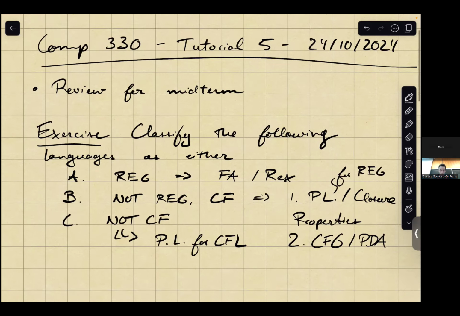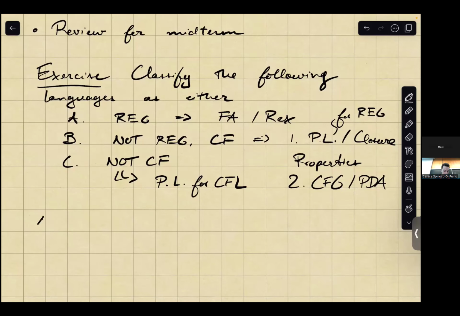Okay, and just a general guiding principle when you do these kinds of questions: when you're trying to determine whether something is regular or not regular, really all you need to think of is whether there is some sort of memory requirement. Does it seem like I need an arbitrary amount of memory? For instance, for a^n b^n, I have to remember an arbitrary number of A's and then check them with an arbitrary number of B's.